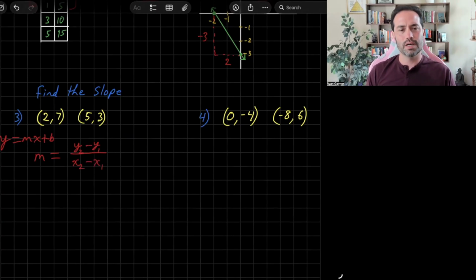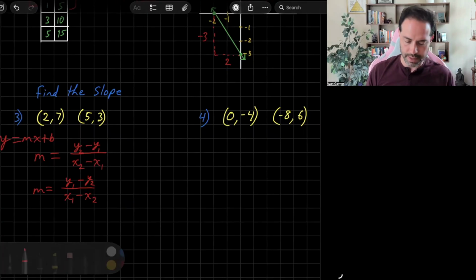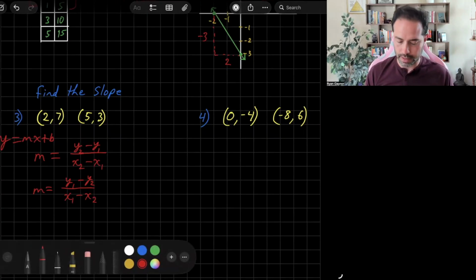Now, just so you know, I could also write it like this. M equals the first y minus the second y. If I do that, then I would have to do the first x minus the second x. Either way works. So let's write it in.